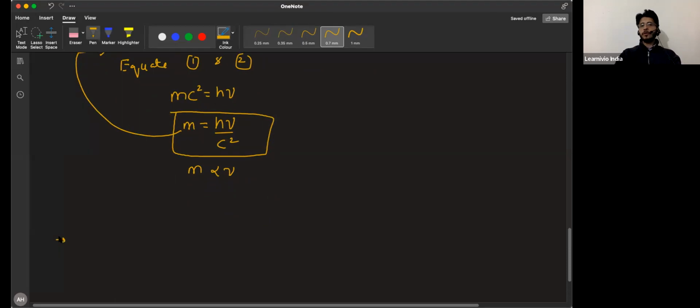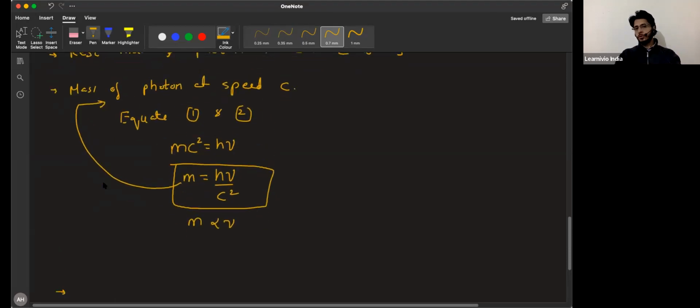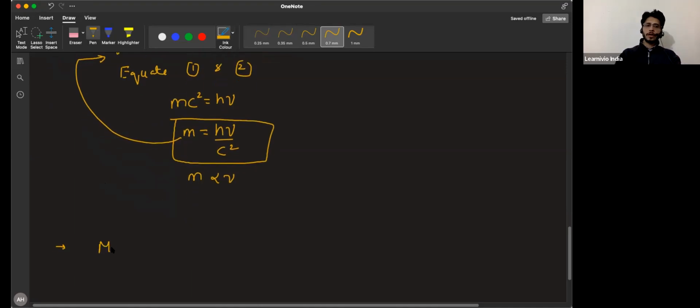The next type of question: he can ask about the momentum of photon. If you want to calculate the momentum of photon, see, momentum of anything is mass into velocity.